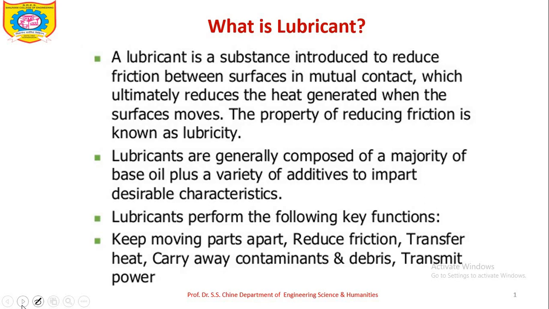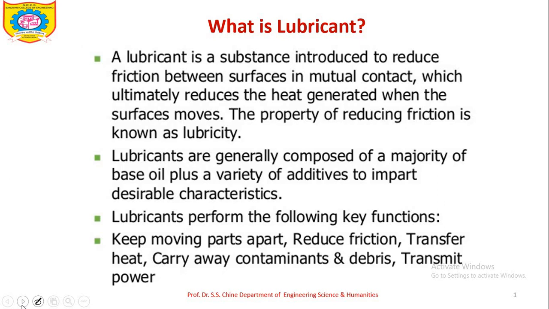To avoid or reduce that, we need to apply an organic substance, and that substance is known as a lubricant. The property of reducing friction is known as lubricity, and it is present in the lubricant. Lubricants are generally composed of base oil plus a variety of additives to impart the desirable characteristics.